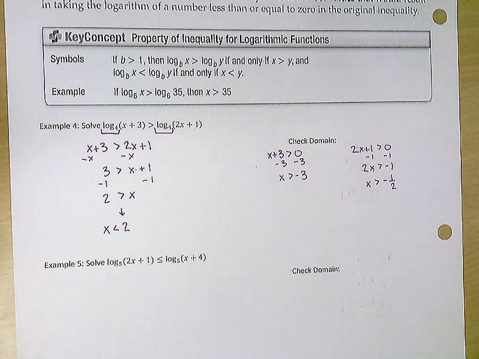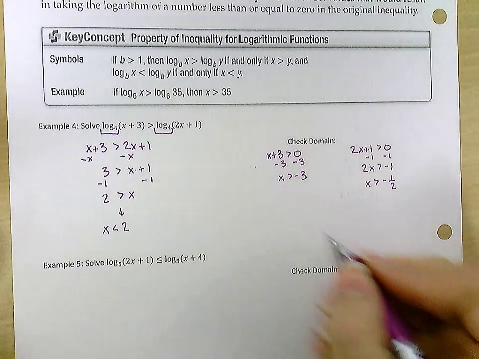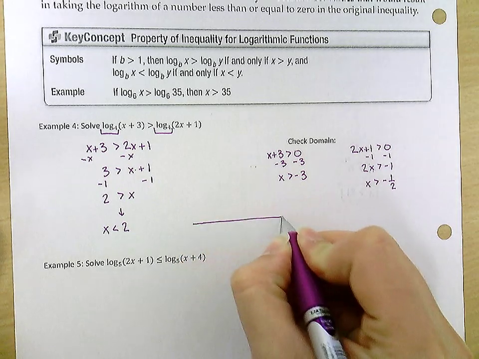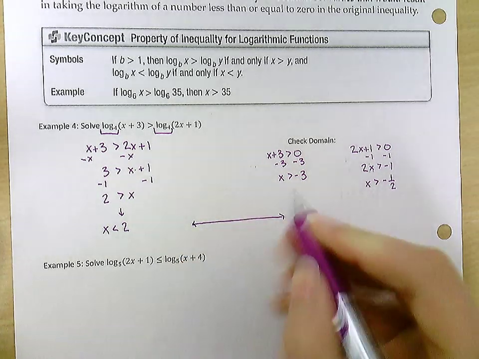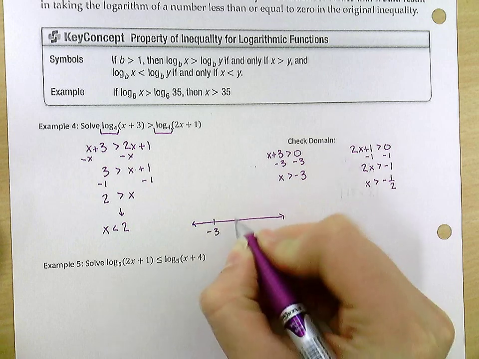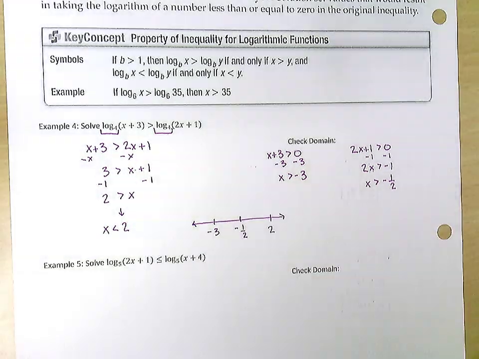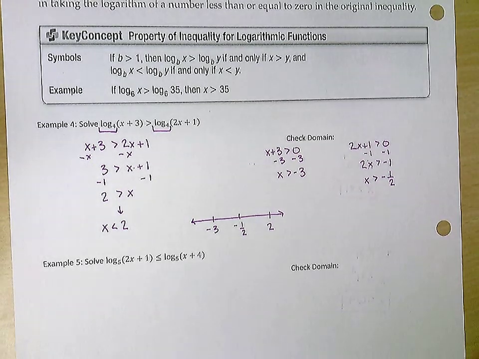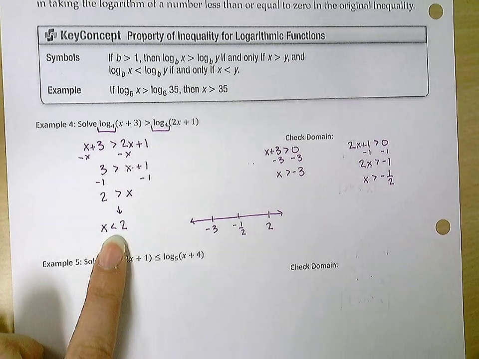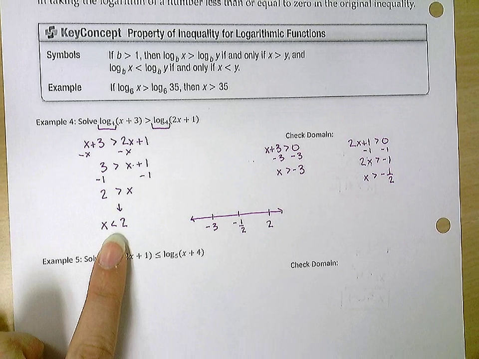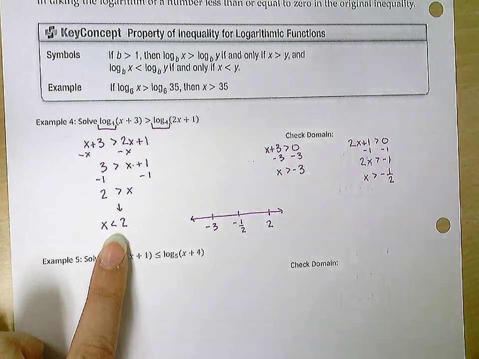Now I have these 3 different values. I'm going to plot these on a number line. So I have a negative 3, I have a negative 1/2, and I have a positive 2. With this positive 2 value, all of my x values have to be less than that value.